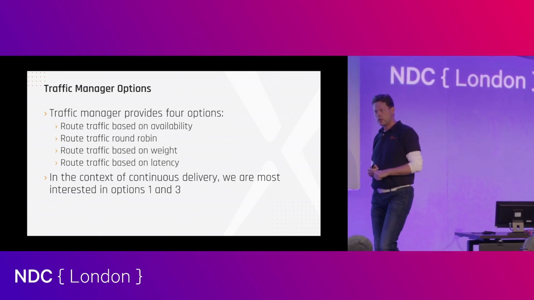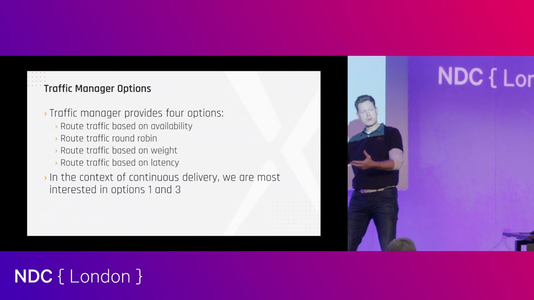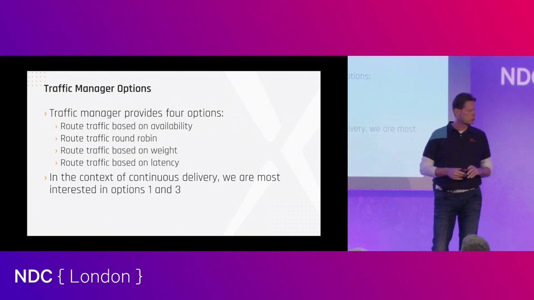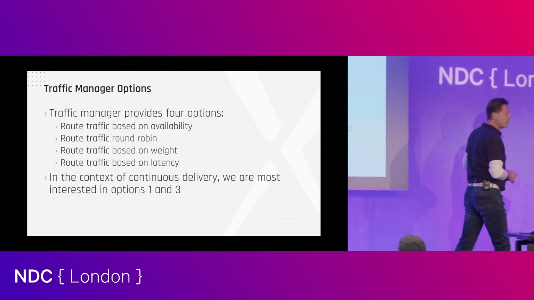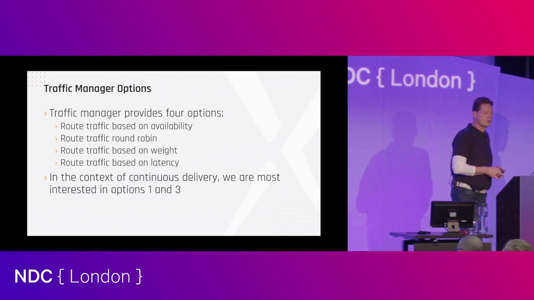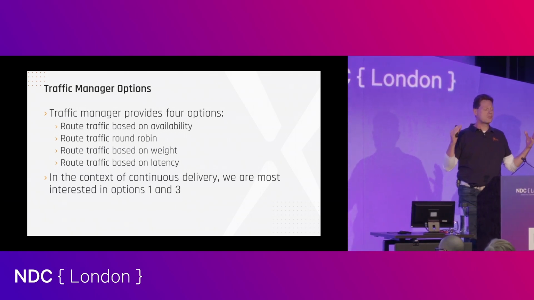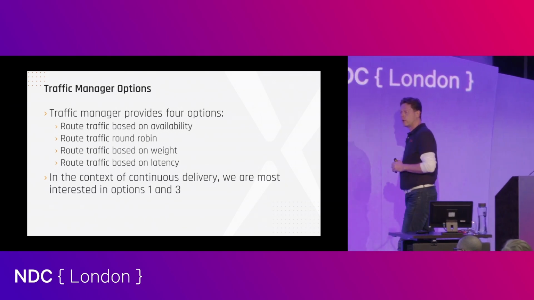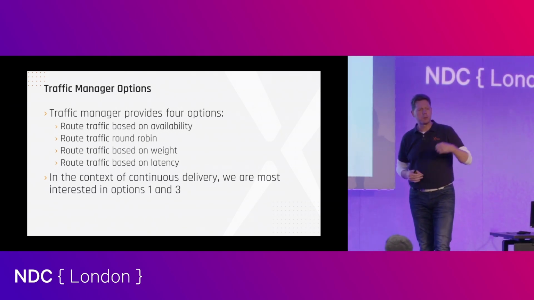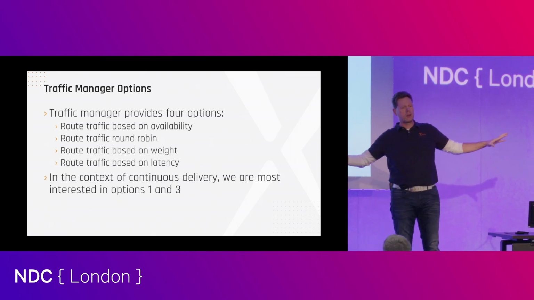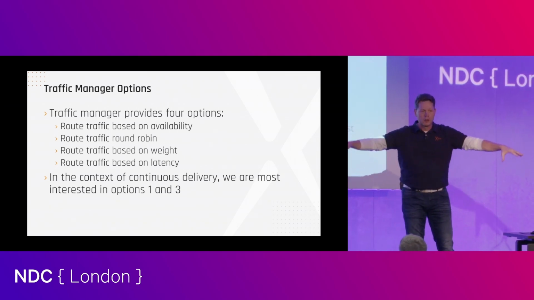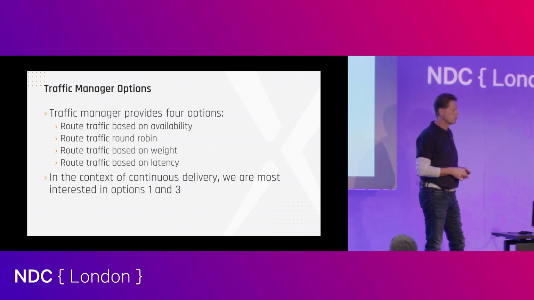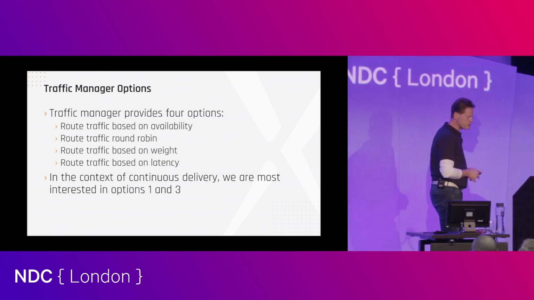So you can say, okay, let's move 10% of my traffic to one server and 90% to the initial server. And you can also do traffic routing based on latency, which is of course more interesting if it comes to, okay, we have people in Australia, people in Europe, and people in the United States. You have 3 server farms and you want people to connect to the most local instance of your application.